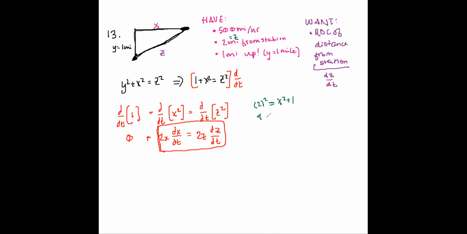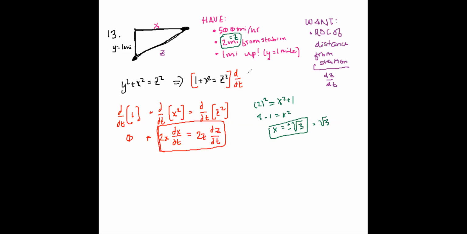So 4 minus 1 is x squared, so x is equal to plus or minus the square root of 3. Because we don't want a negative length, it's just the square root of 3. That's one of the good things about this type of problem, I don't have to do 2 different answers. So x is equal to the square root of 3, and z is 2 miles.